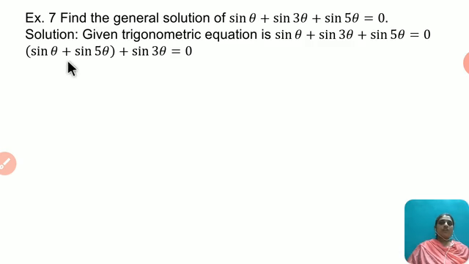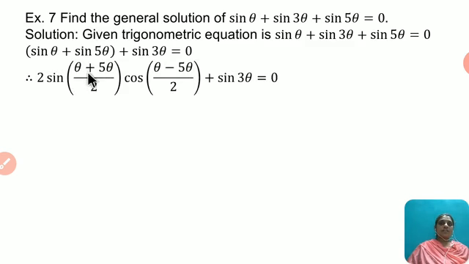We know that formula is 2 times sin of (C plus D) upon 2 into cos of (C minus D) upon 2. So here we get 2 times sin of (theta plus 5 theta) upon 2 into cos of (theta minus 5 theta) upon 2, plus sin 3 theta as it is, equal to 0.